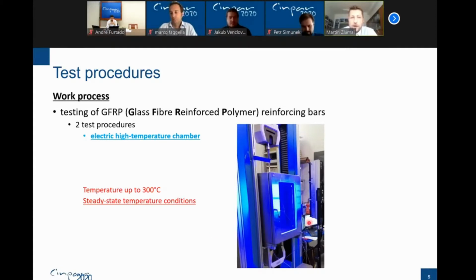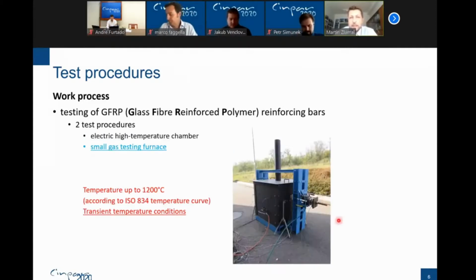The second possibility how to test the reinforcing bars is use of the small gas testing furnace. We built this furnace on a faculty, so we are able to use this furnace for the temperatures up to 1200 degrees.